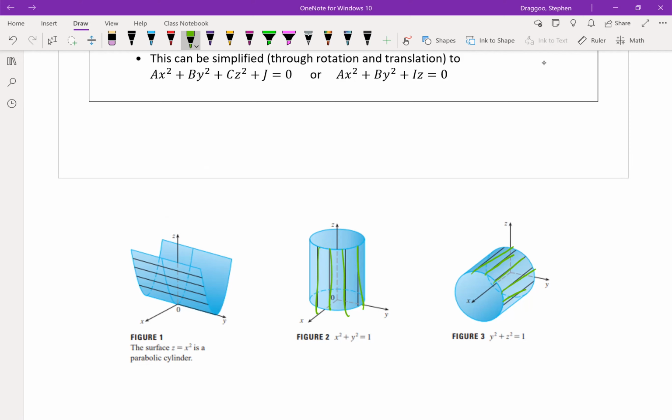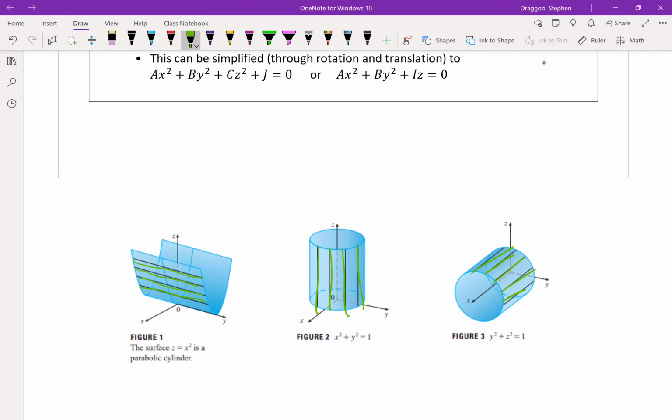Extending along straight lines in that third axis is what gives me a cylinder. So figure 1 is also a cylinder because I can start with a parabola, in this case in the xz plane, and extend along straight lines parallel to the y-axis to come up with a cylindrical shape.